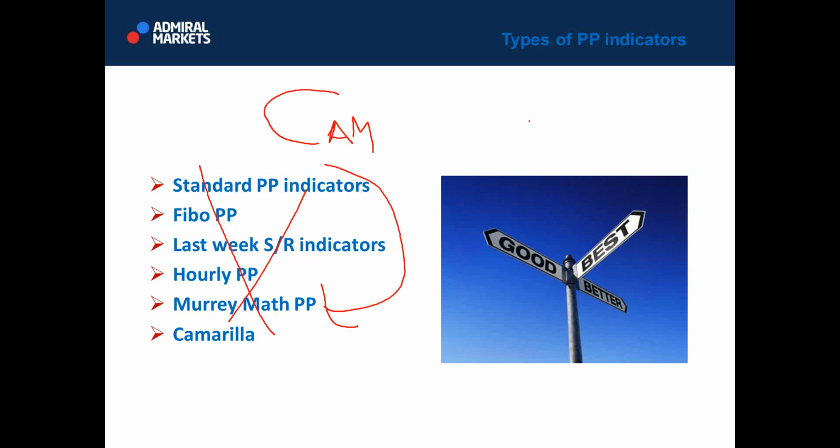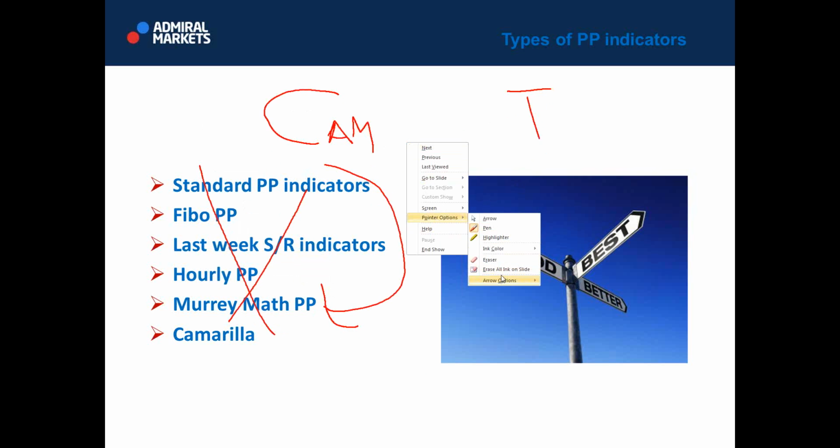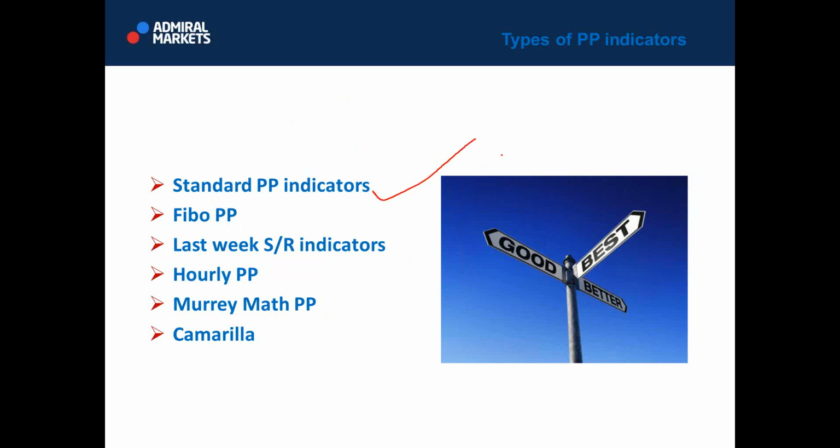If you want to take trend trades, you can go with standard pivot point indicators. Trend trades are easy, right? But again, Camarilla is better for me because those levels are more precise. By applying Camarilla, you can see how precise those levels are.